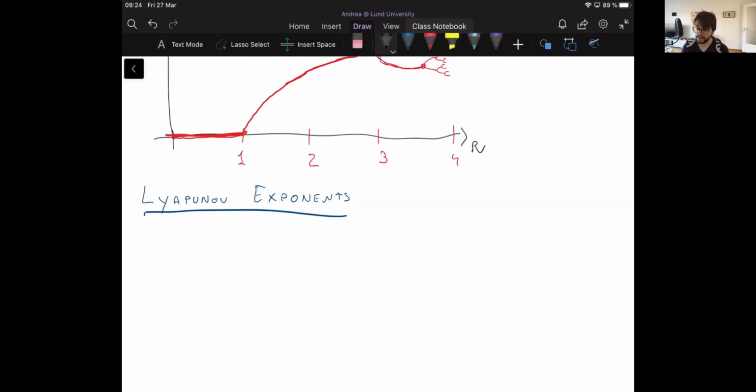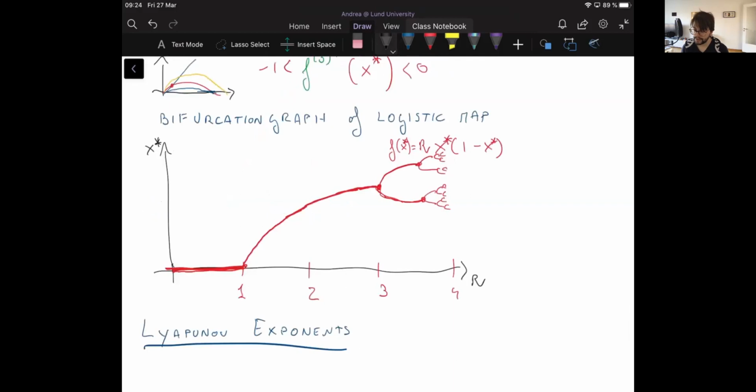When you get to the right of this bifurcation graph, and you have plenty of bifurcations, you go into a regime that is called the chaotic regime. And in the chaotic regime, you don't have any periodic solution.